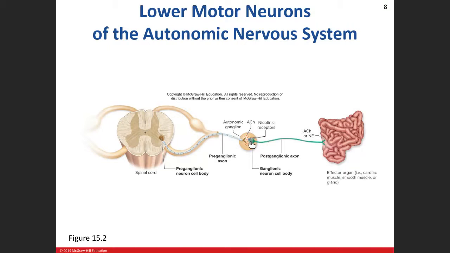That will excite the postganglionic neuron, and then it will travel from the autonomic ganglion to the effector organ, where it will release either acetylcholine or norepinephrine, and its effect can be excitatory or inhibitory.